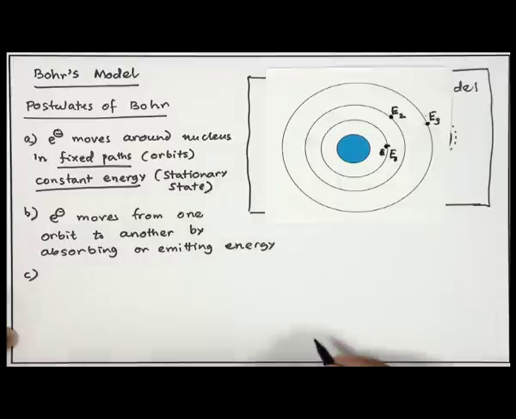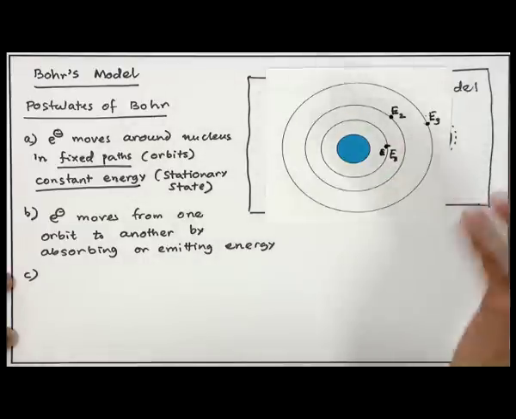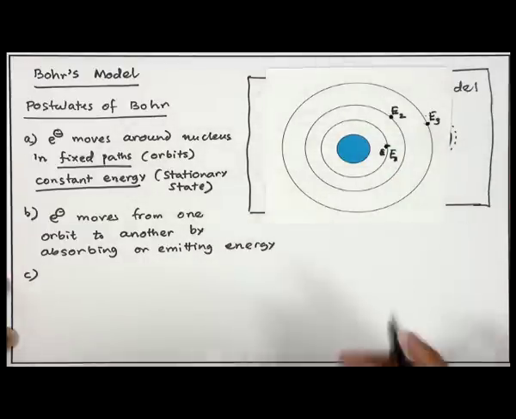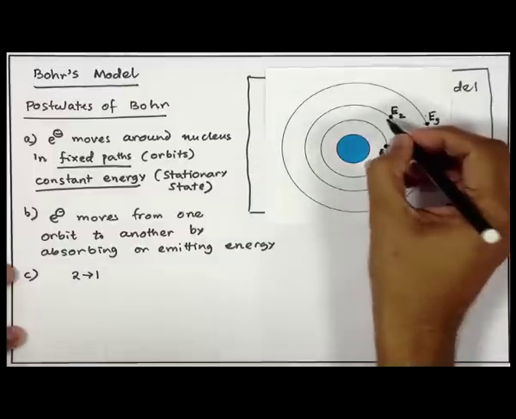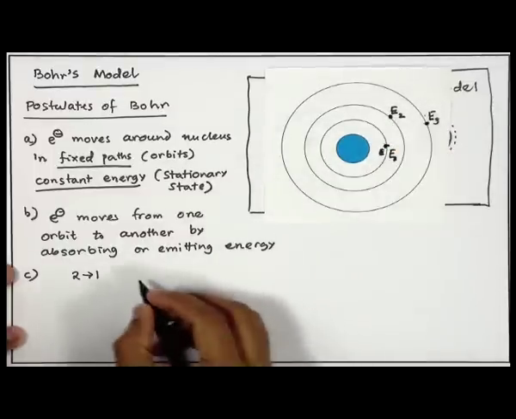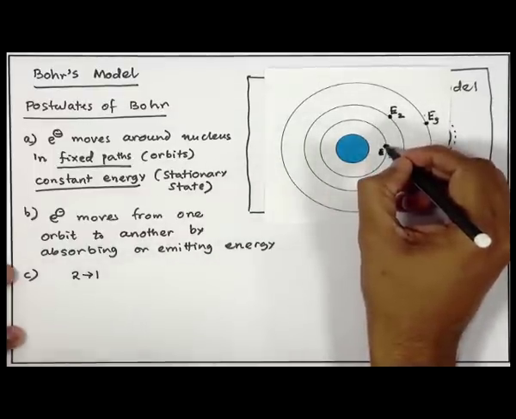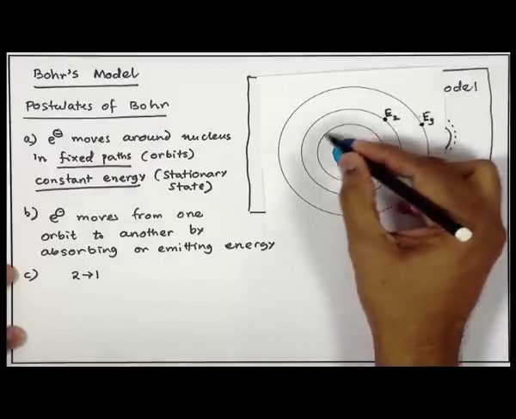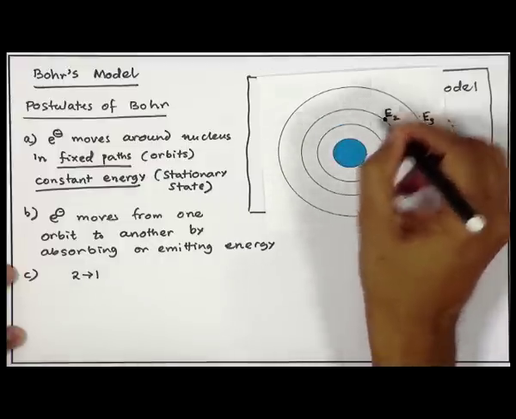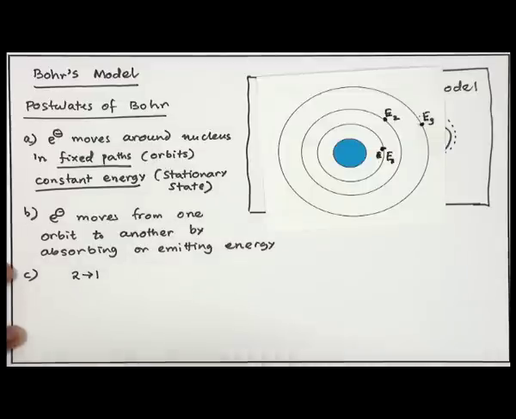In the third postulate, he said what is the value of this energy that the electron has to absorb or emit. So, let us say that the electron is going from the second stationary state to the first stationary state. The first stationary state we also call the ground state. This is where the electron would like to stay unless you excite the system.